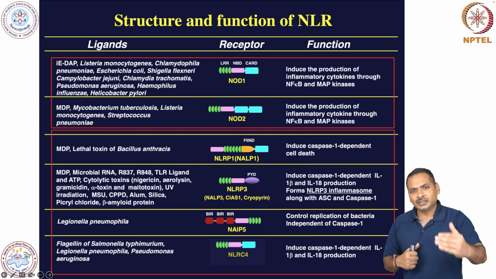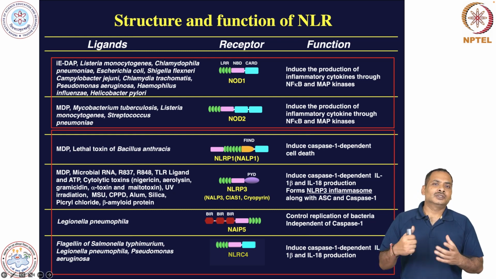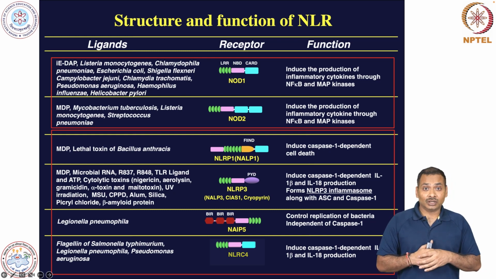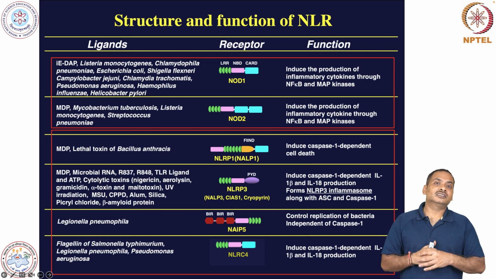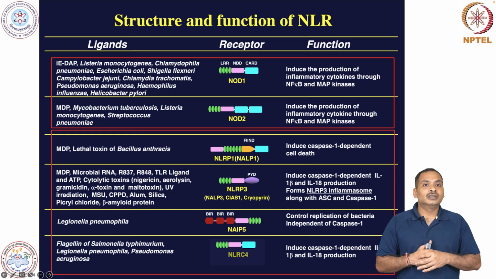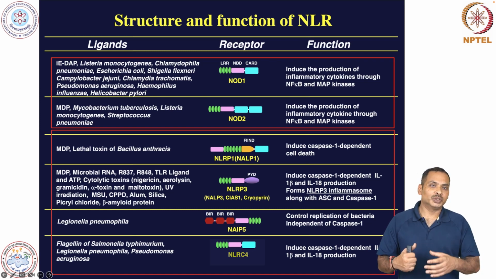Okay, these NLRPs can also get activated by some physical means. Here you can see ultraviolet radiation can activate this NLRP3, and it is also activated by some chemical compounds which are produced in our body. Here the best example is MSU, monosodium urate.